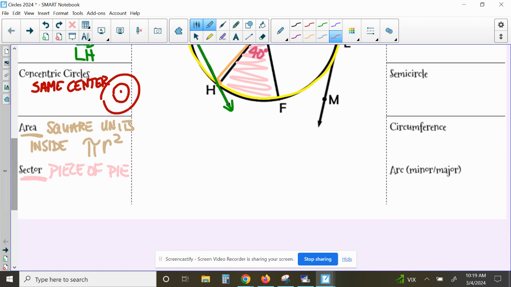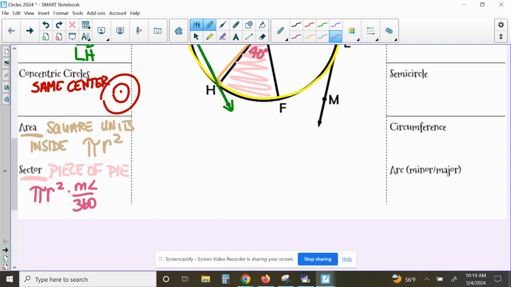Okay, so for a piece of pie, if we want to know the area of the piece of pie, we're going to start off with the regular formula, pi r squared. But we're going to times it by the angle measure over 360. So that's the measure of the angle over 360. Why 360?